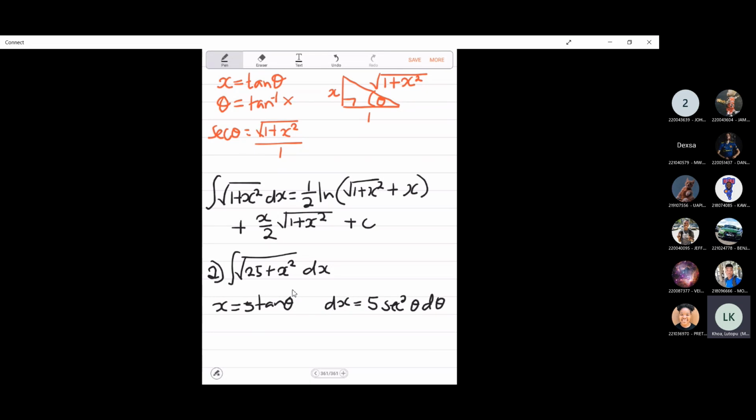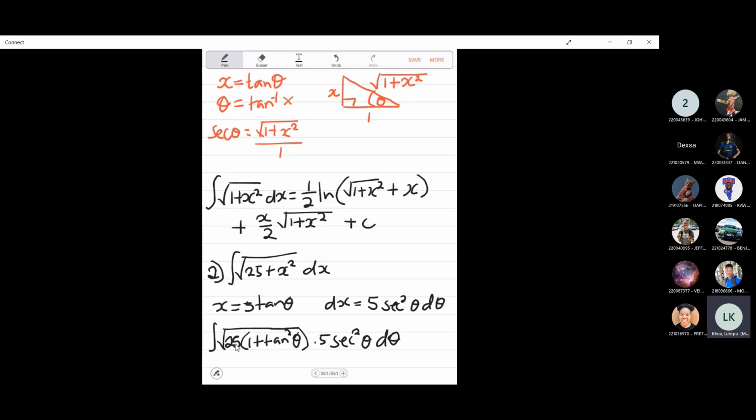Then we substitute in there. We have the integral of the square root of 25 plus, when we square this, we'll have 25 tan squared theta. So we can already factor out the 25. We have 1 plus tan squared theta, and then dx, this is 5 sec squared theta d theta.